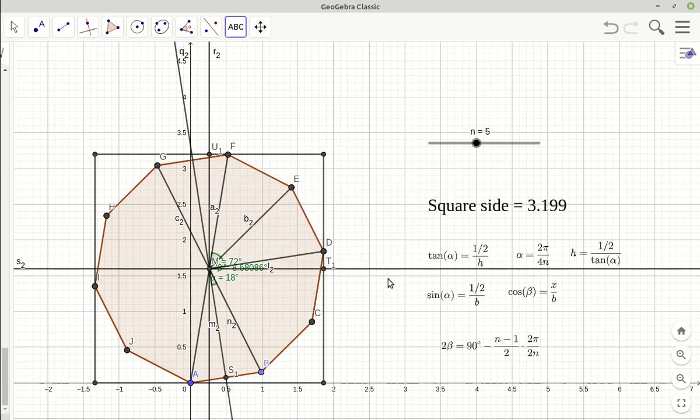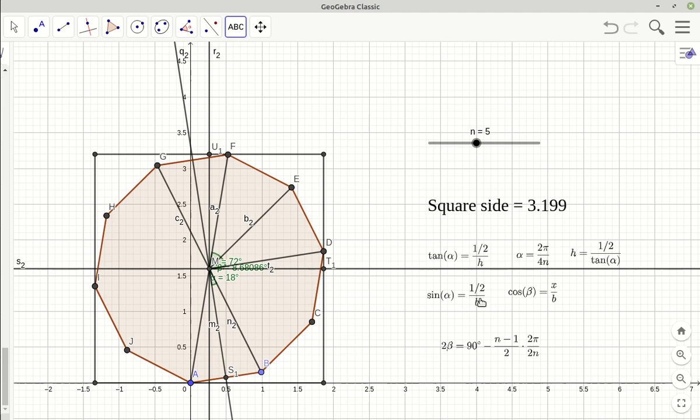Let's see whether this is okay. Yes, so 2 beta is 90 degrees minus n minus 1 over 2 times 2 pi divided by 2n. Okay, this checks out. So n we know, so we can compute 2 beta, we can compute beta.